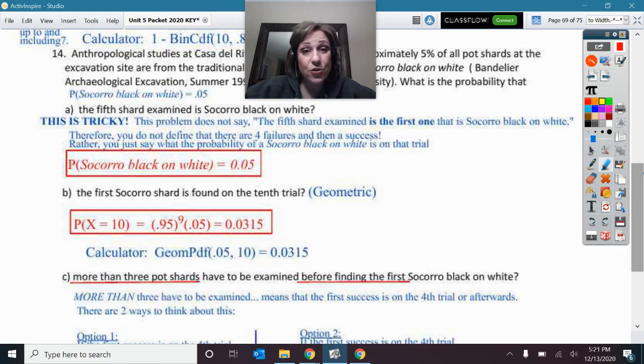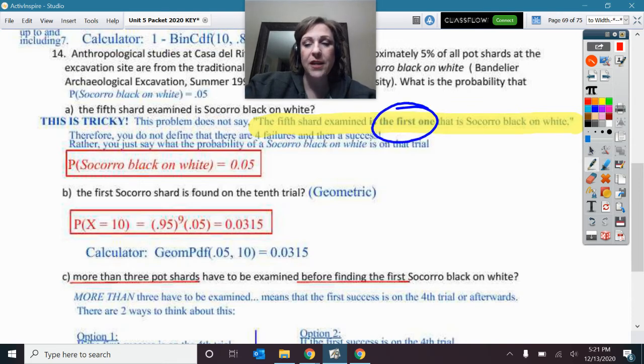The reason this is tricky is because it doesn't say the 5th shard is the first one that is Socorro black on white. If it had asked that, then you would do 4 of the 0.95s and then the 0.05. But it doesn't say that. It just says, look at that 5th one. What's the probability that 5th one is Socorro black on white?